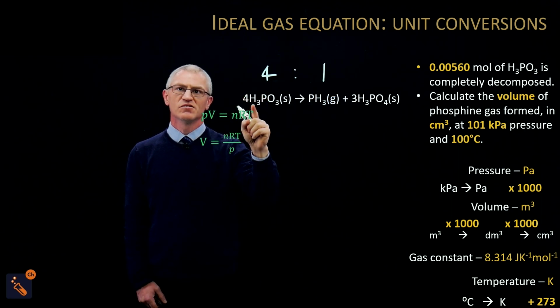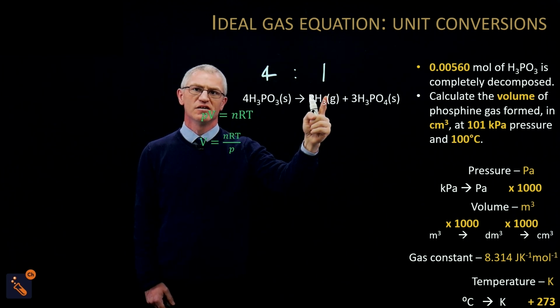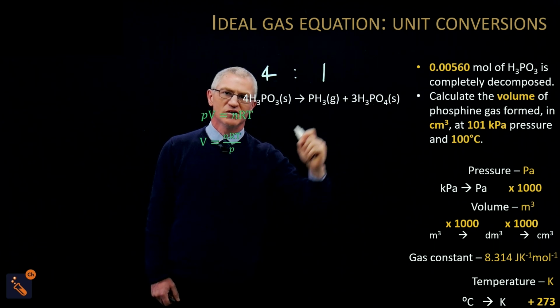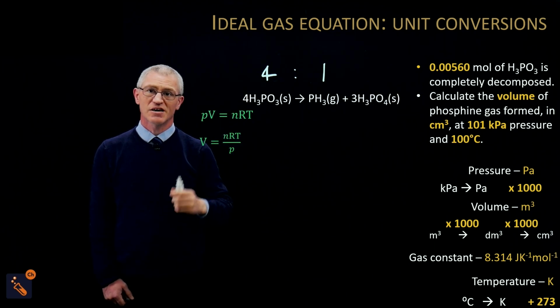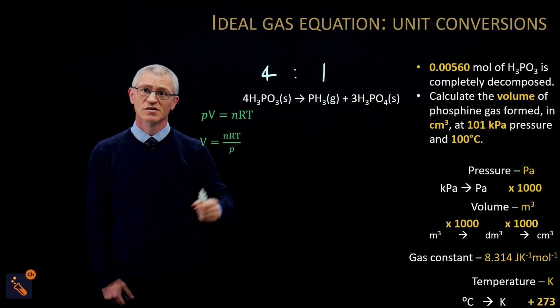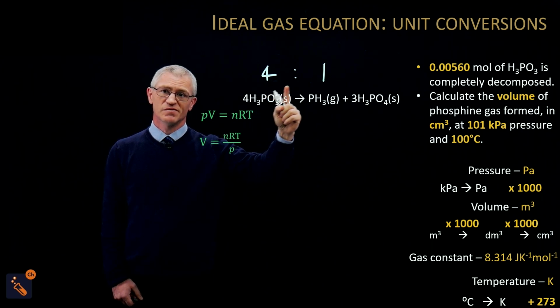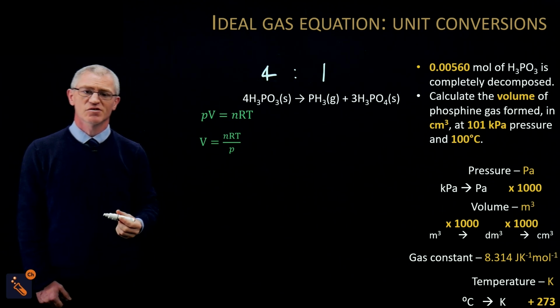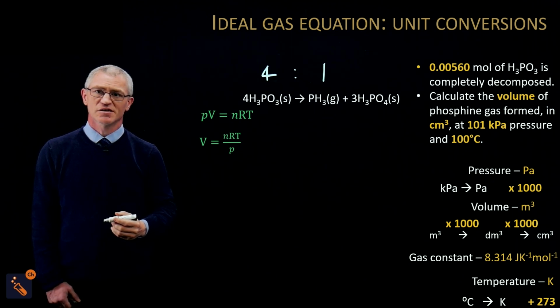So the ratio of the H3PO3 and the pH3 is 4 to 1. So I know the number of moles of H3PO3 I've got, and I'd have to divide that by 4 to get the moles of pH3. So we'll put that into our equation when we do it.